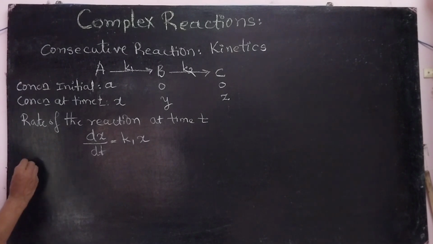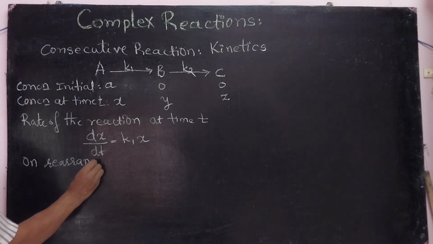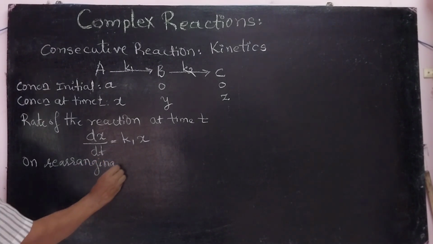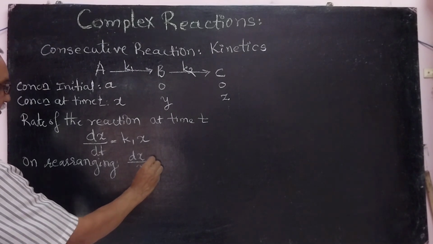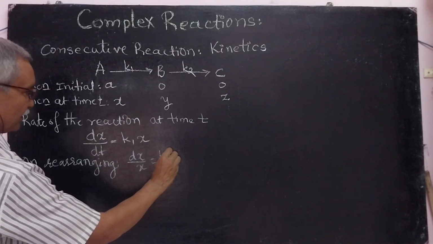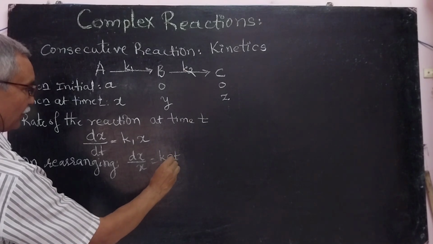On rearranging we get dx divided by x equal to k1 into dt.